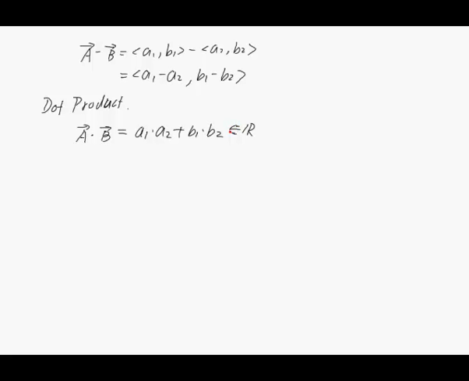Not a vector anymore. So the dot product of two vectors is a real number. And when we define this dot product, you can switch the position of a and b. Actually, b dot product a, you also get the same result.